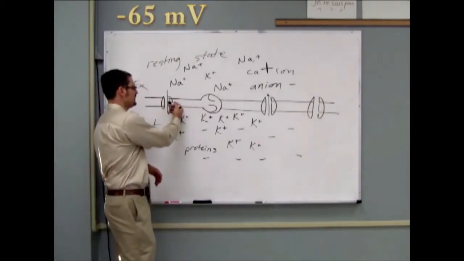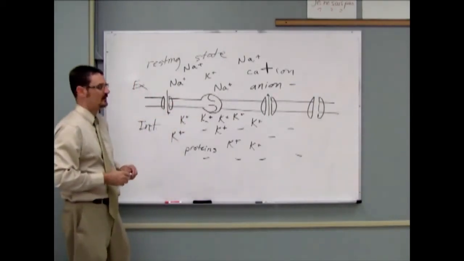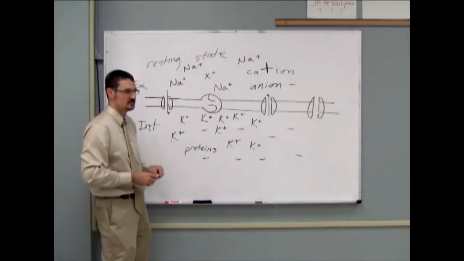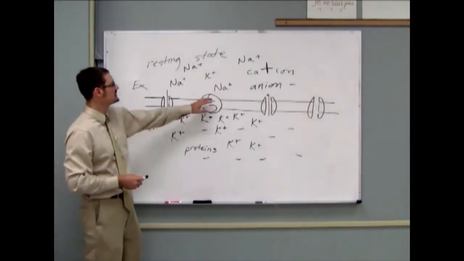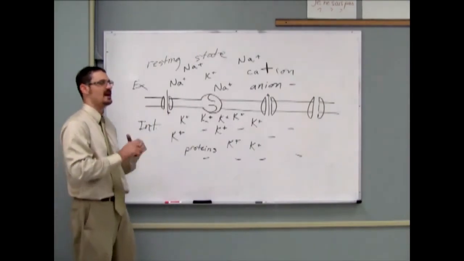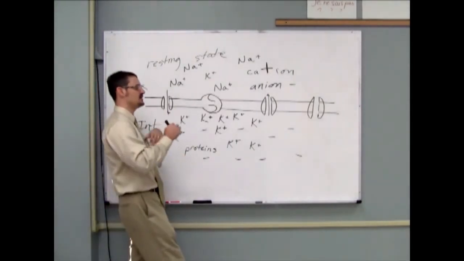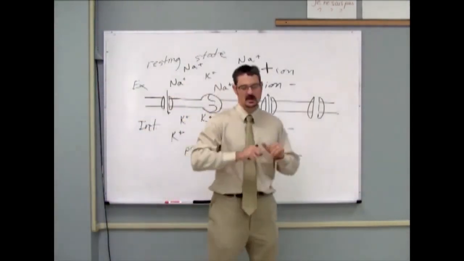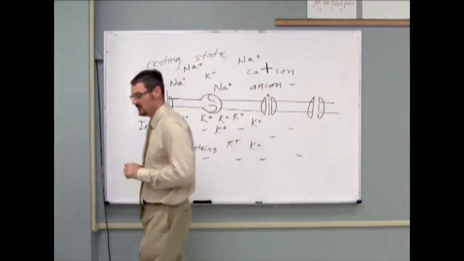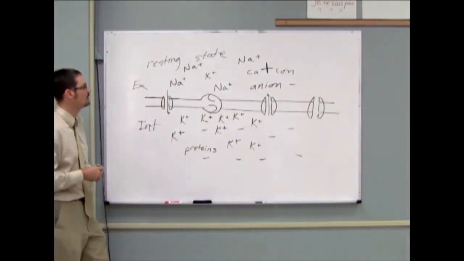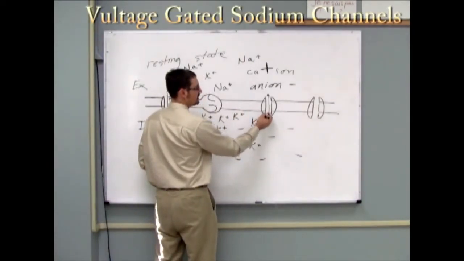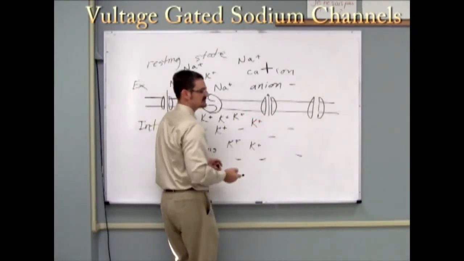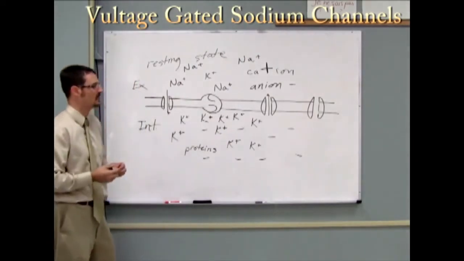In addition to the potassium channels with their selective permeability, and the sodium-potassium pumps, which are actively pumping sodium out of the neuron and pulling in potassium, we also have what we're going to call the voltage-gated sodium channels.